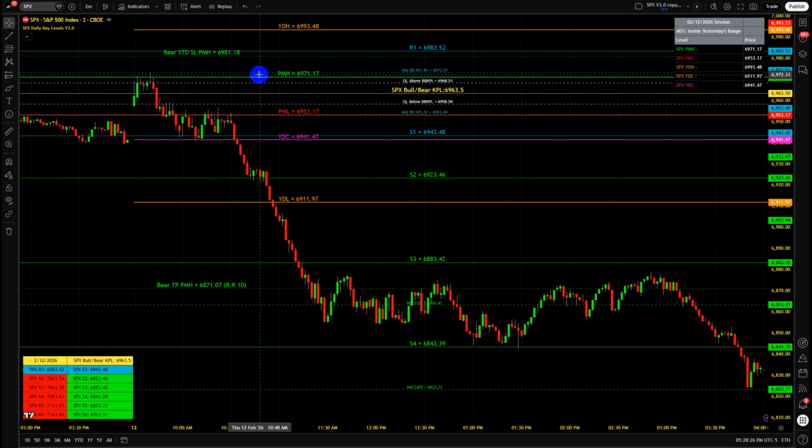But that is a pretty monster move here as well, basically from about 69.70 on these in that range here, all the way down to a risk reward of 10, 68.71. So it's basically 100 points of profit on that if you wanted to look at a max R10.